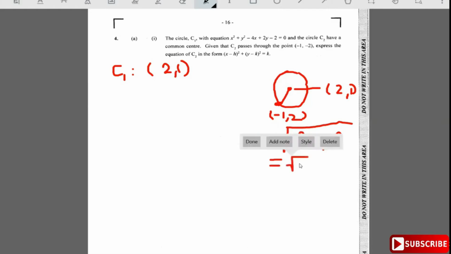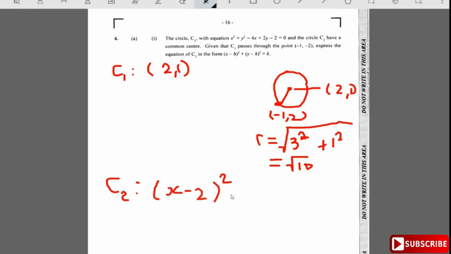So what does that mean? That means that C2 is given by x minus 2 squared plus y minus 1 squared, and it's equal to r squared, but the square root of 10 squared is just 10.